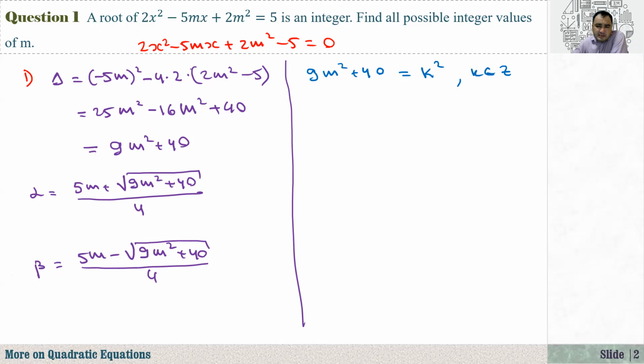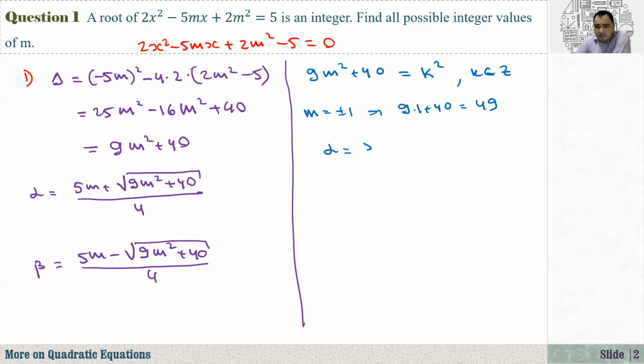So immediately, with a little bit of observation, what is the closest square number? As I see here, if m is equal to plus or minus 1, then we have 9 times 1 plus 40, that's equal to 49. So we can get the answer here.